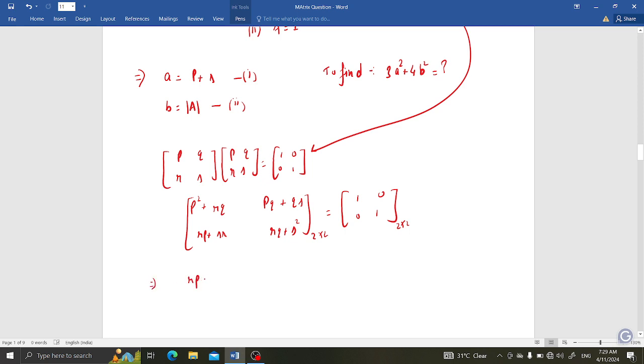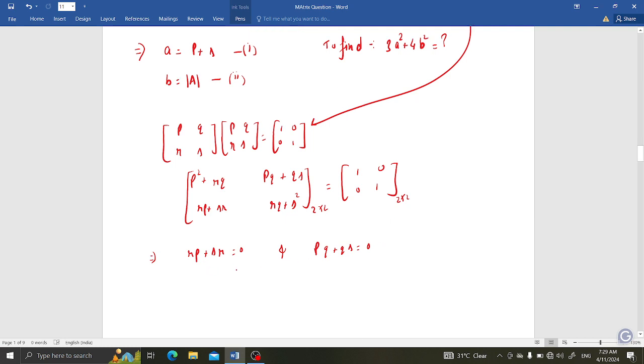RP plus SR equal to 0, and from here also PQ plus QS equal to 0. Here you can observe that if I take R outside, P plus S equal to 0.